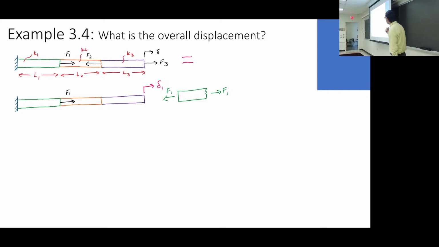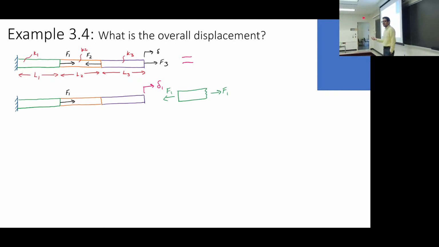The purple and the orange are along for the ride, as I like to say. They're just coasting around. So whatever displacement I have here, orange and purple will go with it, but they're experiencing no force, at least just because of this force that we've applied, F1.